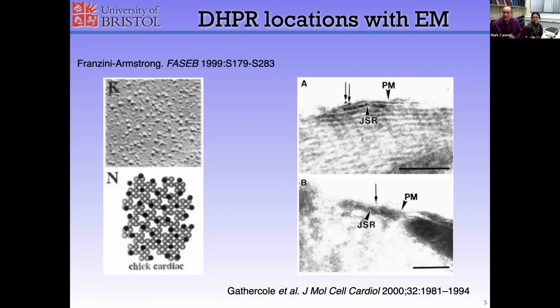And on the left, you can see some images of freeze fracture by Clara Franzini-Armstrong in her review in 1999. And she ascribed these particles in the membrane seen here to be dihydropyridine receptors. Although, of course, we can't be sure that they're dihydropyridine receptors. It's a freeze fracture with some lumps in it.